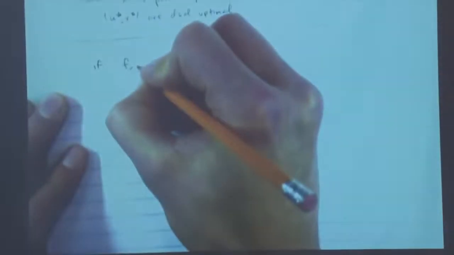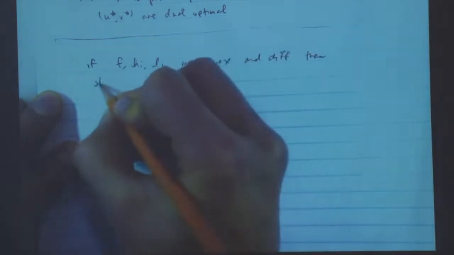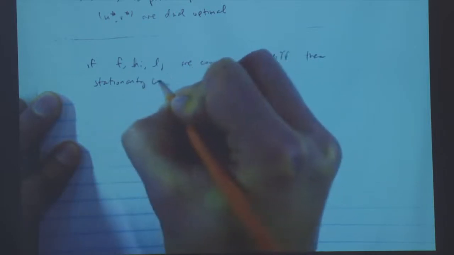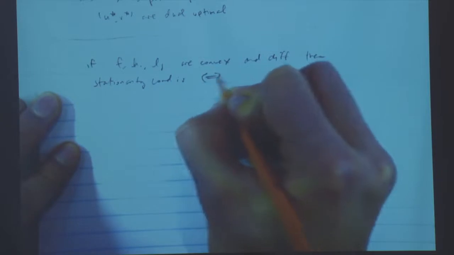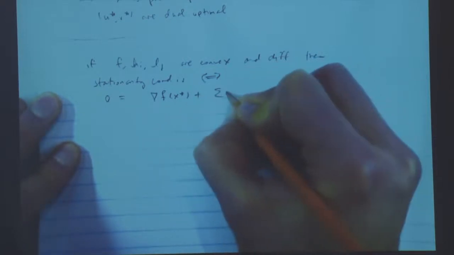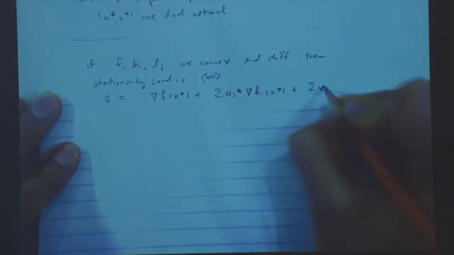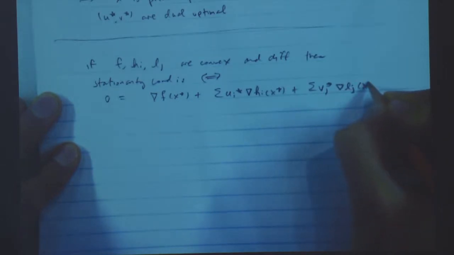If my primal problem is convex, and my constraint functions and my criterion are differentiable, so if f, h_i, and l_j are convex and differentiable, then the stationarity condition is the same as saying that 0 is equal to the gradient of f at x star plus the sum of u_i star times the gradient of h_i at x star plus the sum of v_j star times the gradient of l_j at x star.